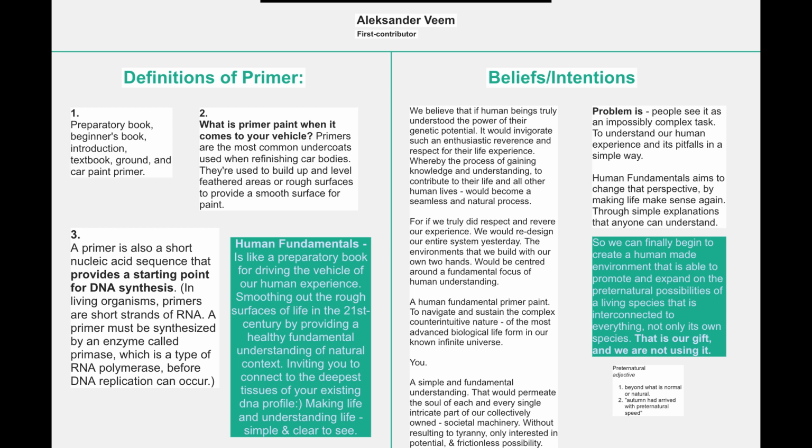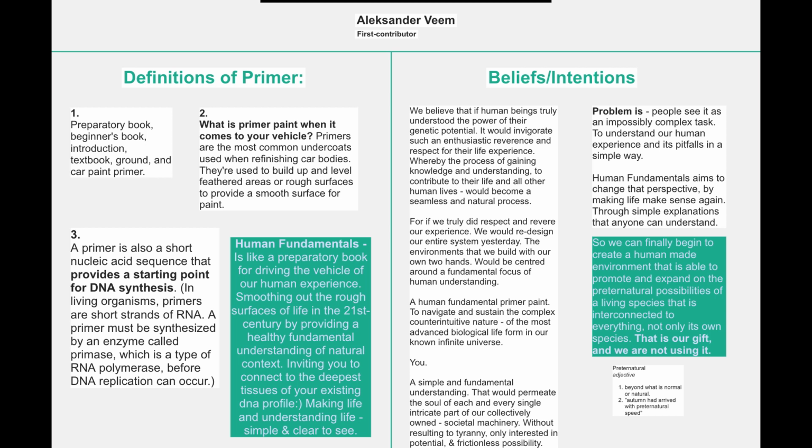We believe that if human beings truly understood the power of their genetic potential, it would invigorate such an enthusiastic reverence and respect for their life experience, whereby the process of gaining knowledge and understanding to contribute to their life and all other human lives would become a seamless and natural process instead of being faced with a bunch of resistance.